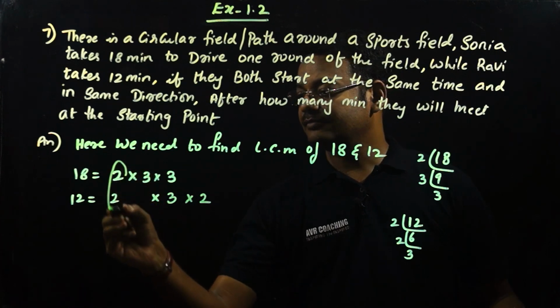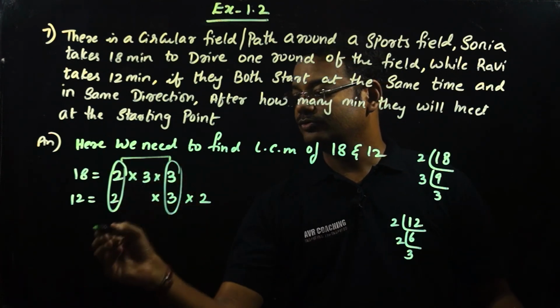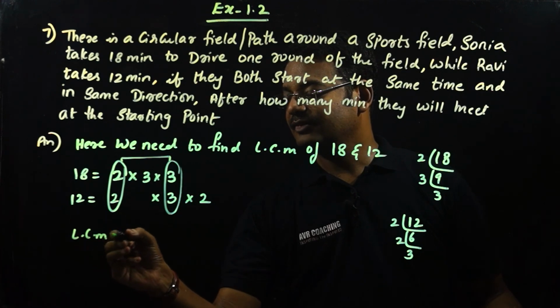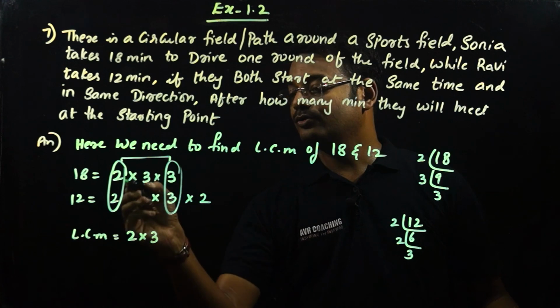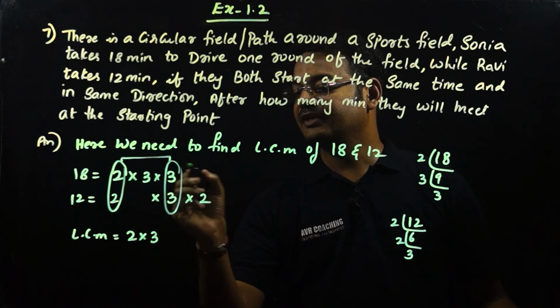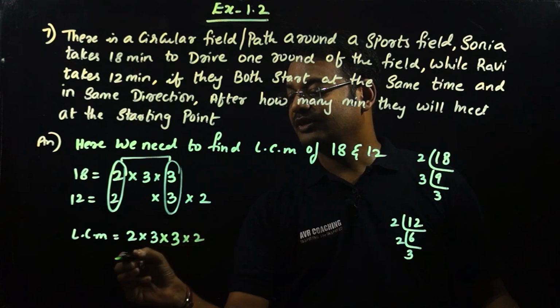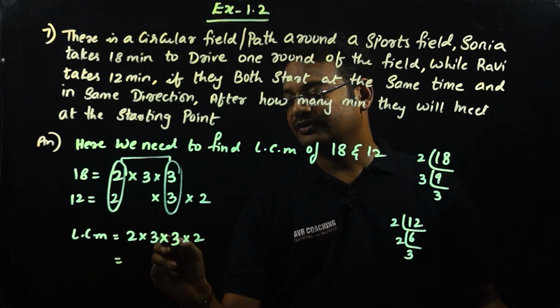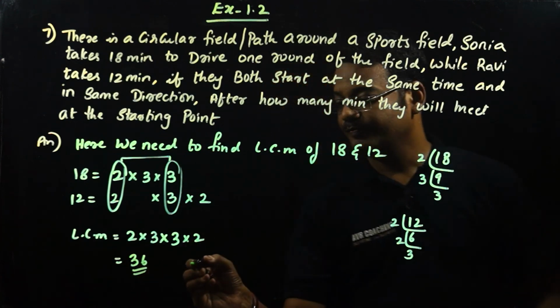So the LCM is 2 into 3 into 3 into 2. That is 2 threes are 6, 6 threes are 18, 18 twos are 36.